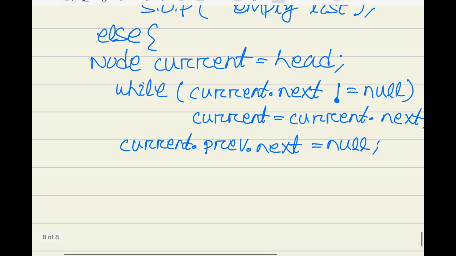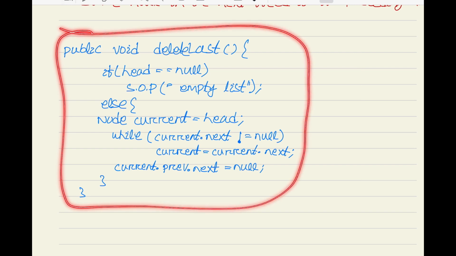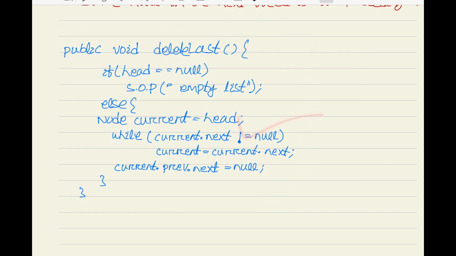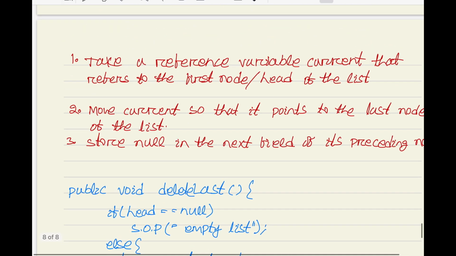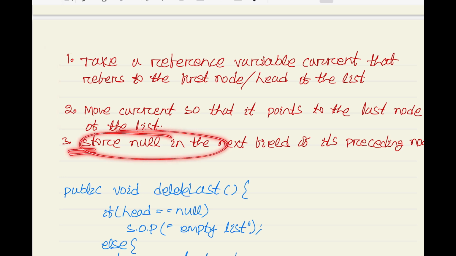This is the end of else, end of method. So this is the method for deleting the last node from a doubly linked list. If you understood this, please write "understood" in the comment section. So these are the steps: the first two steps are used to find the last node, and in step 3 we are just updating the next of the predecessor.